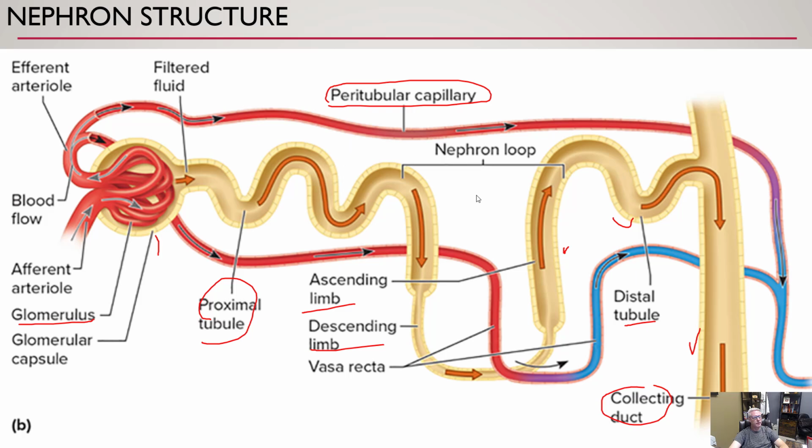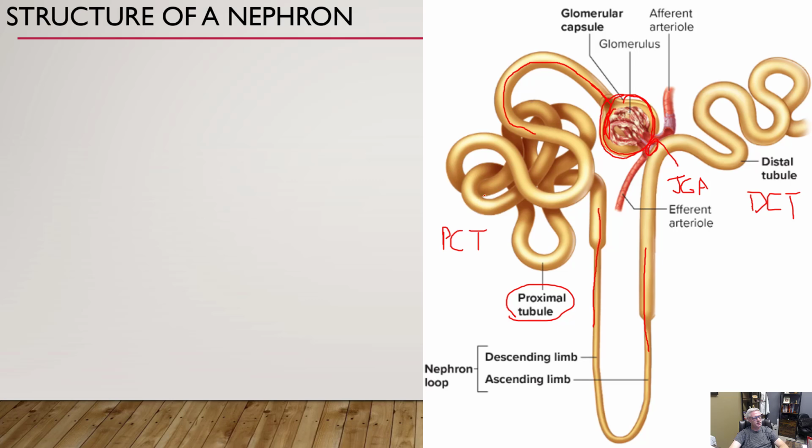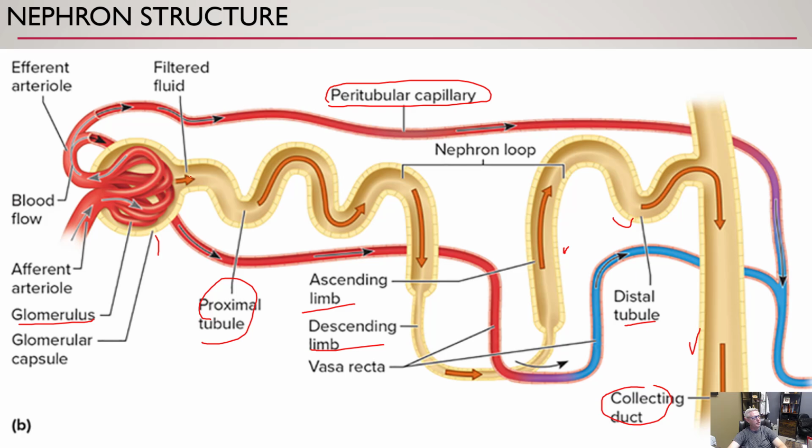Now, this is kind of how the structure of our nephron looks, but when we draw the nephron to discuss what gets reabsorbed and secreted, we get away from this more anatomical drawing and go into this kind of drawing, because it's easier on the eye to look at in a stepwise process.